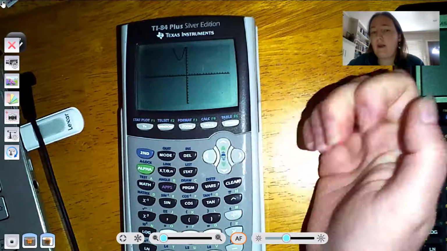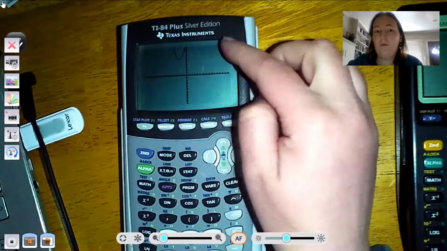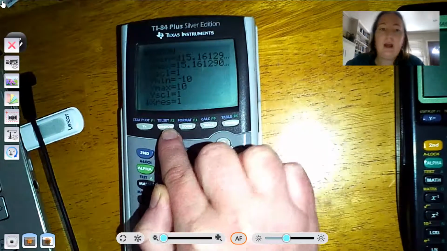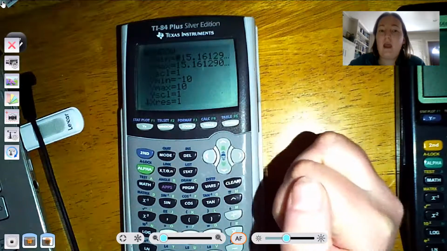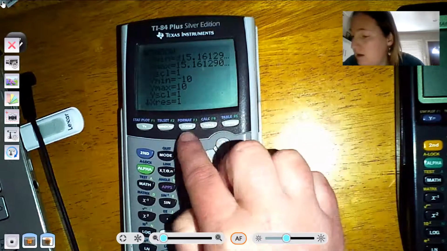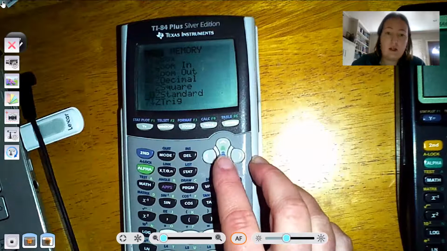And if I had done another parabola, maybe none of it would be showing on this window, because if I look at the window, it's set to be this random window here. Normally, if I hit the zoom, standard is a good place to start.